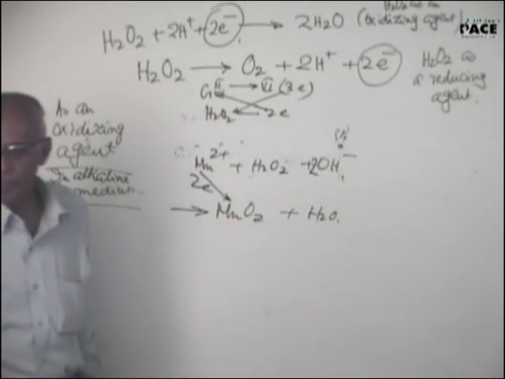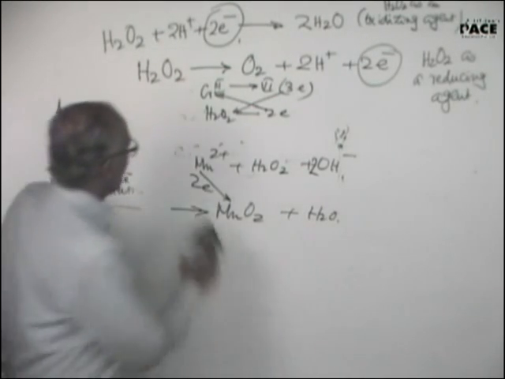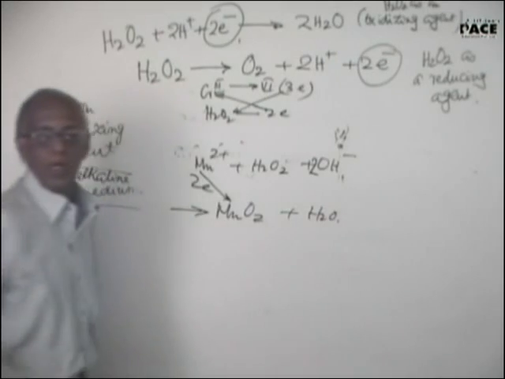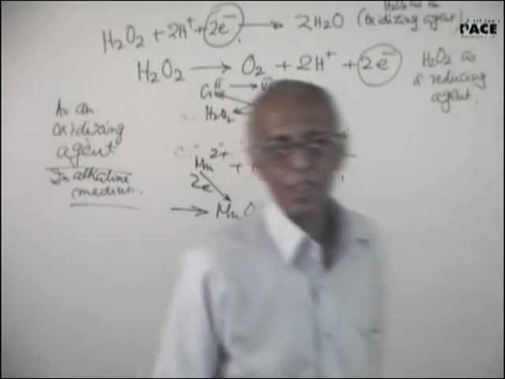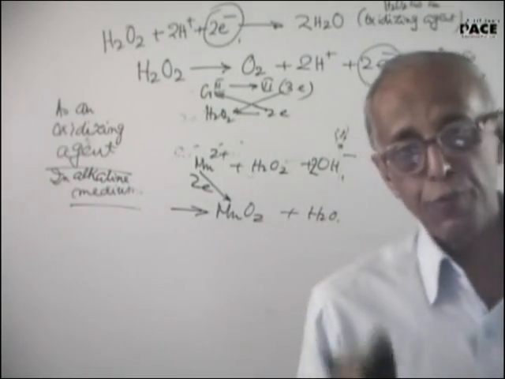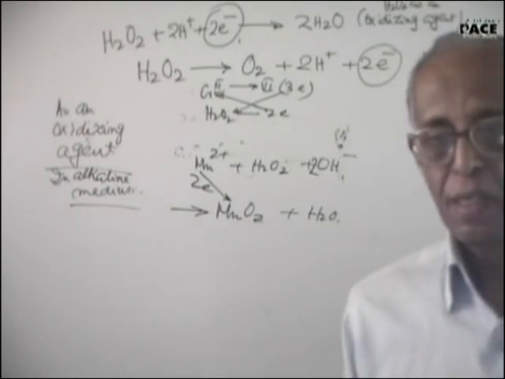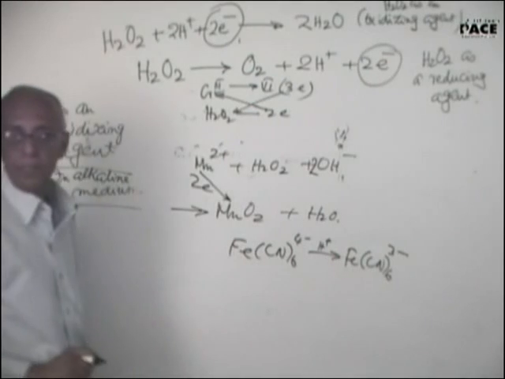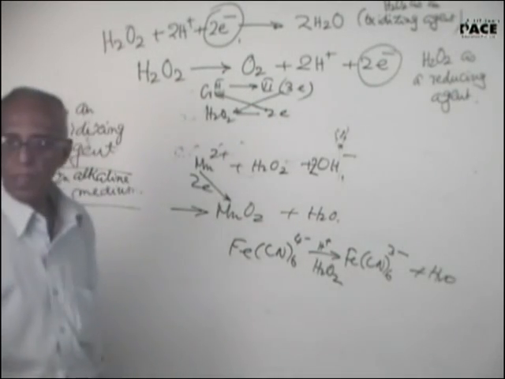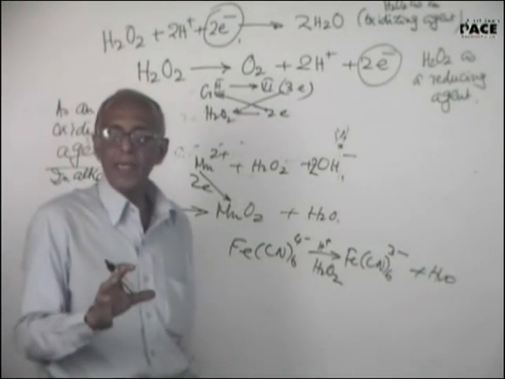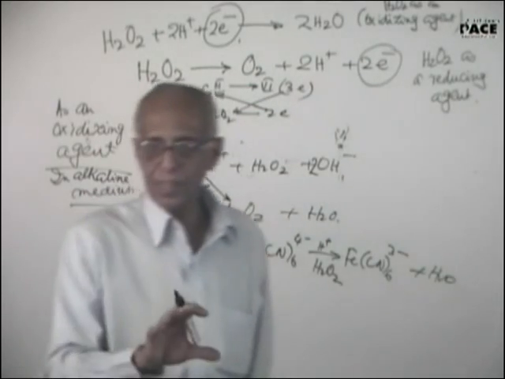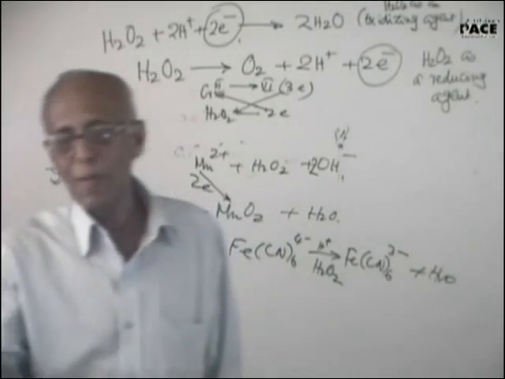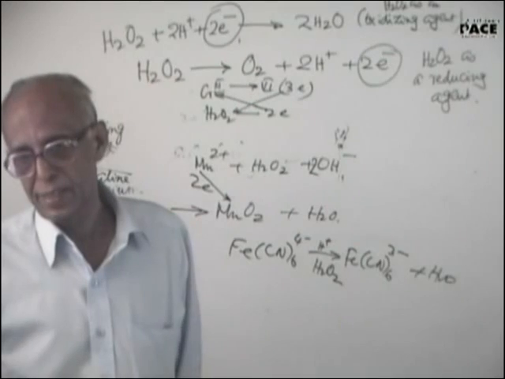That's all. So hydrogen peroxide will oxidize ferrous to ferric, ferrocyanide to ferricyanide in acid medium. I have given you ferrous, now I have given you a complex salt of ferrous, that is ferrocyanide.